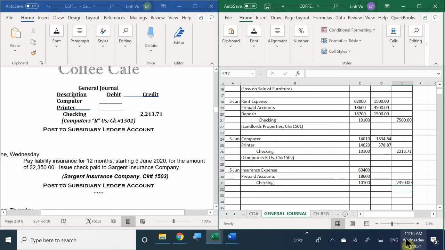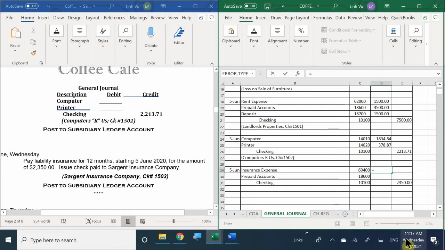If we know that we wrote a check for the total amount of $2,350, how much is it going to cost me per month? How do I calculate how much insurance I'm going to be charging per month? Is it 2350 divided by 12? Absolutely. So let's put that in.